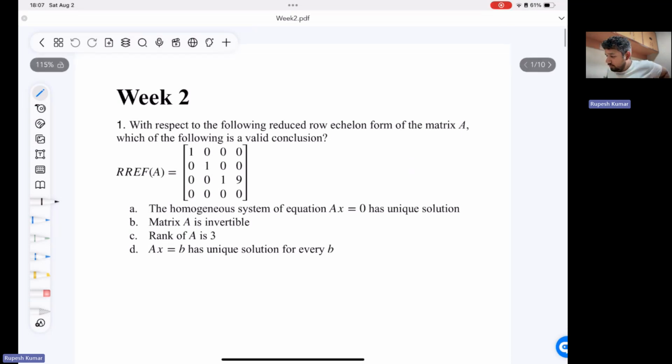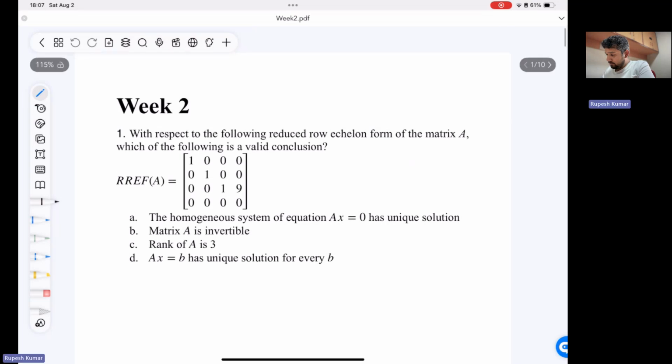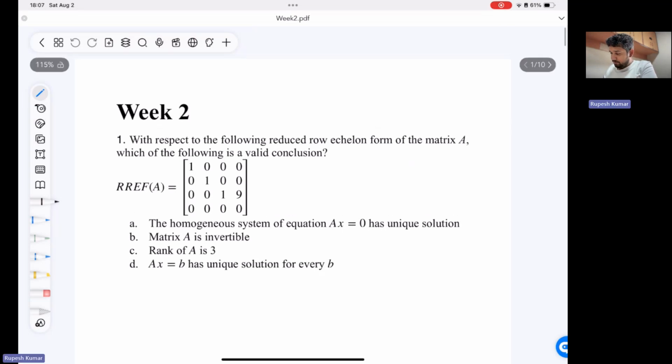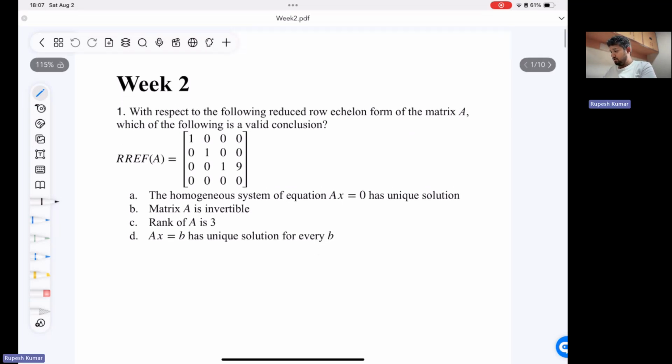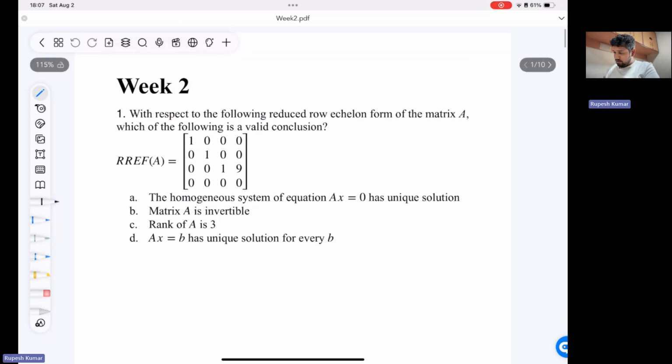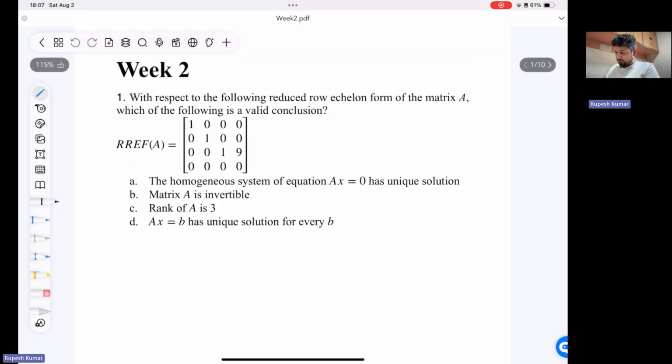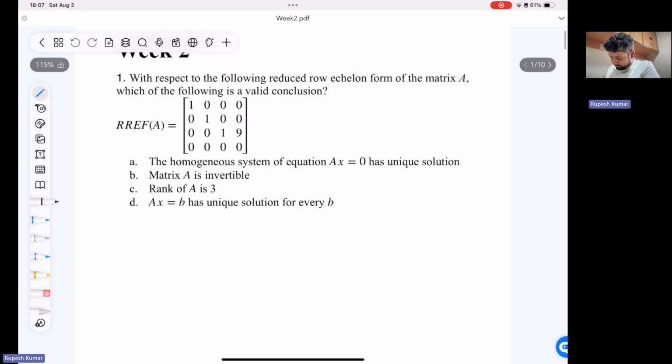With respect to the following reduced row echelon form of the matrix A, which of the following is a valid conclusion? I hope every one of you remember the reduced row echelon form for given matrices. So what do we mean by this row echelon form? Let me explain the idea.